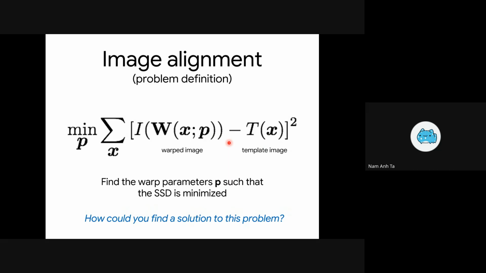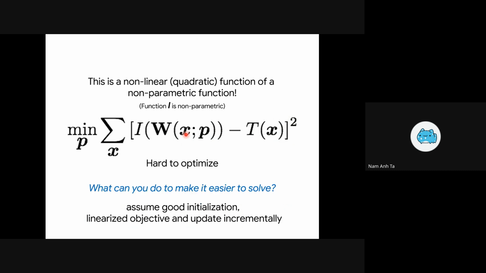So how can we solve for this p efficiently? How can we find a solution to this problem? Even though our goal is pretty clear, solving this equation is actually pretty difficult. The first issue is that the warp function here is nonlinear, but more importantly, the image I(x) is non-parametric.